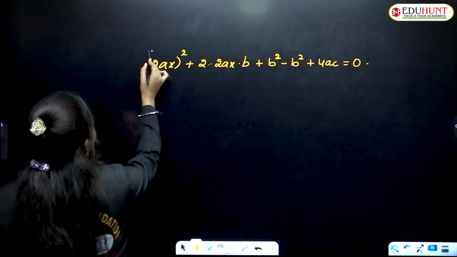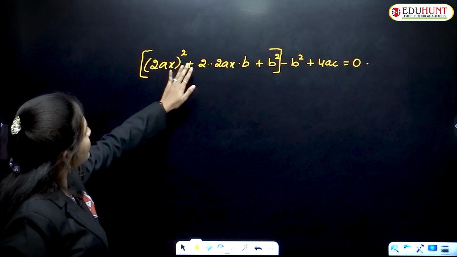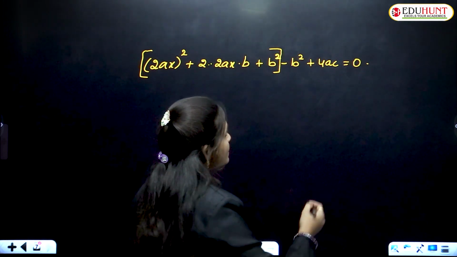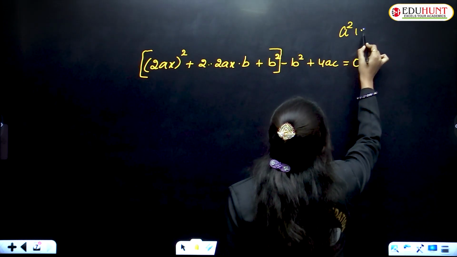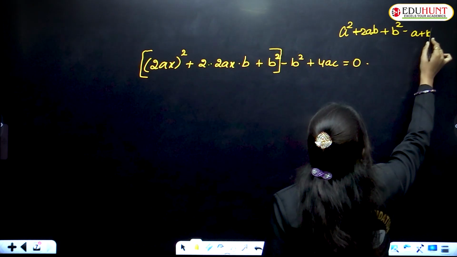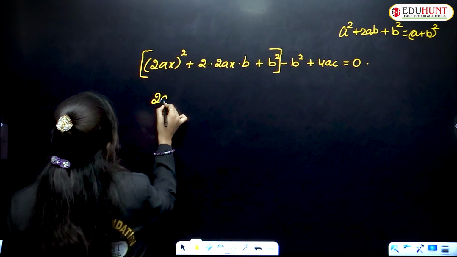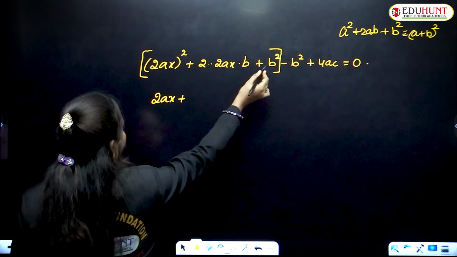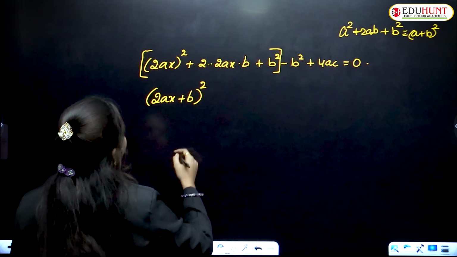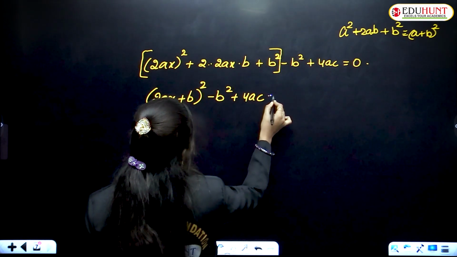So observe this: a square plus 2ab plus b square is equal to a plus b whole square, the formula only. Here a is equal to 2ax and b is b. So 2ax plus b whole square. Understand?